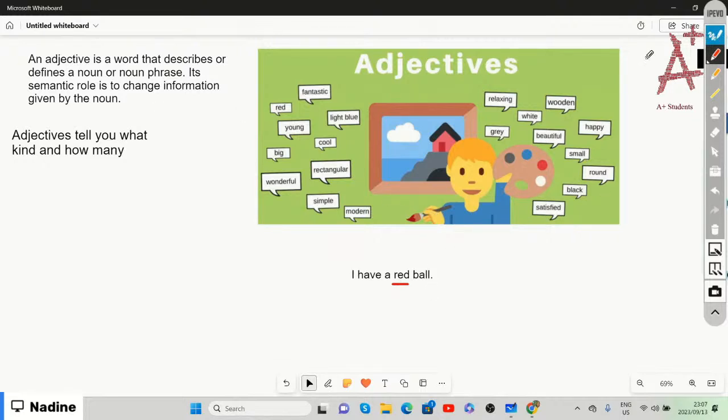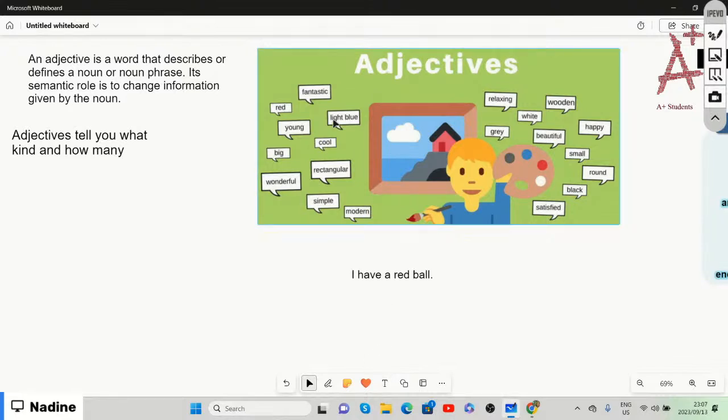Then we have another one, light blue, where you can describe the dress or the shirt that you have on.